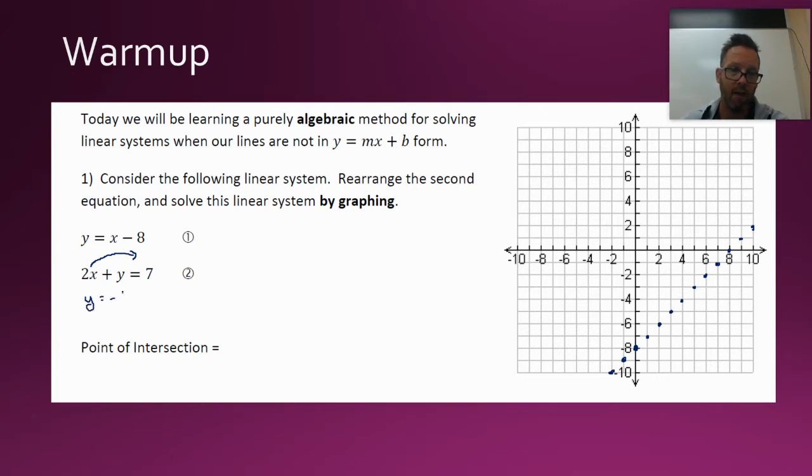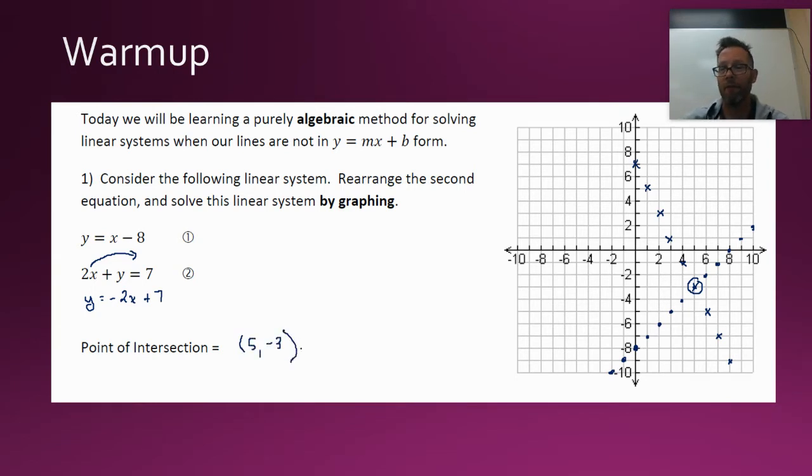So y equals -2x plus 7. Now that it's in slope-intercept form, I can draw it. The y-intercept is 7, and the slope is -2. So down 2 over 1, down 2 over 1, down 2 over 1. And boom, there we are. There's our point of intersection. It looks like the point (5, -3).